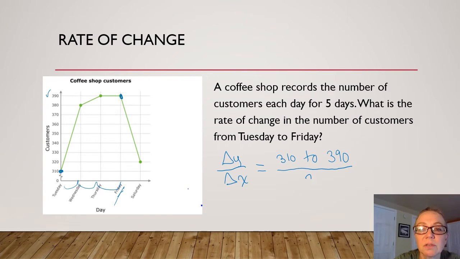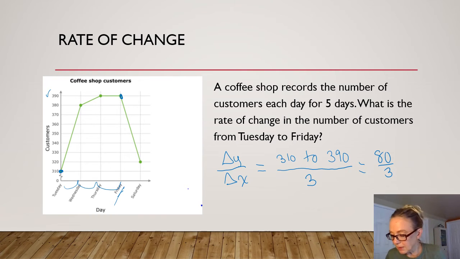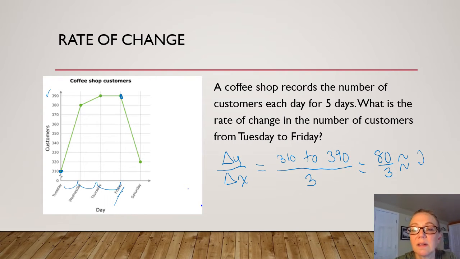So that's a change of 3 days. So what is the change from 310 to 390? That's a change of 80. 80 divided by 3 is approximately 27. So approximately a 27 customer increase per day from Tuesday to Friday.